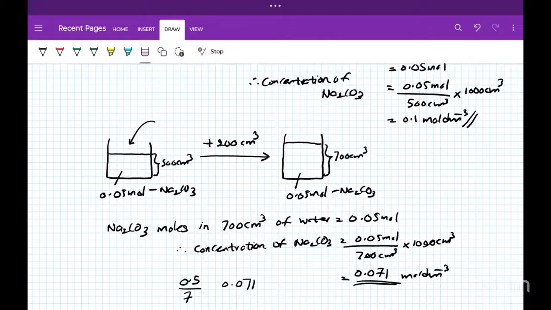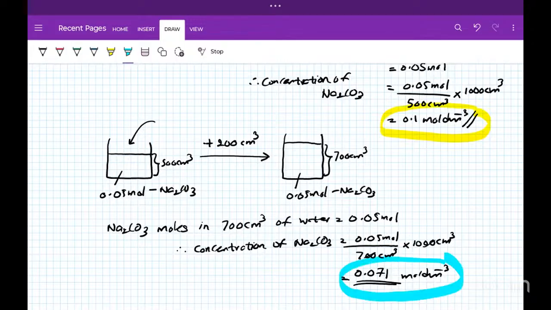So this is the new concentration after adding water. Now see, the yellow circled one is the previous concentration, and the blue circled one is the new concentration. So the new concentration has been reduced, because 0.1 is greater than 0.071 roughly. Which means addition of water is decreasing the concentration.